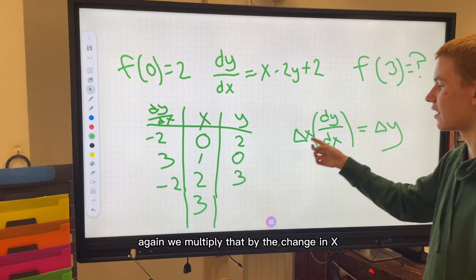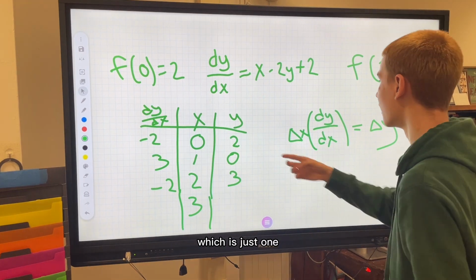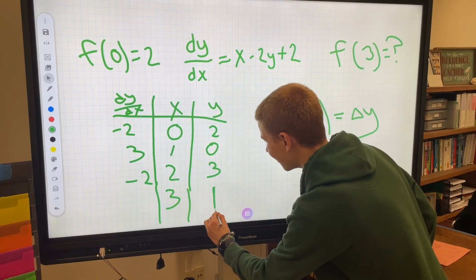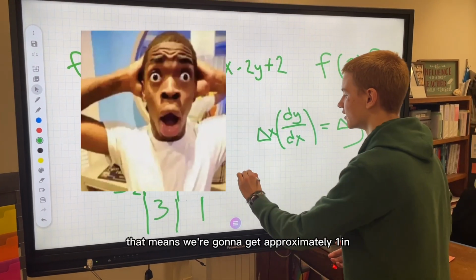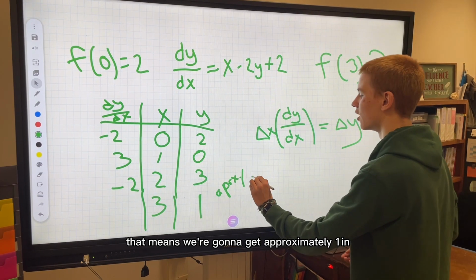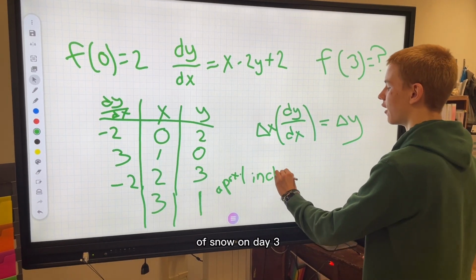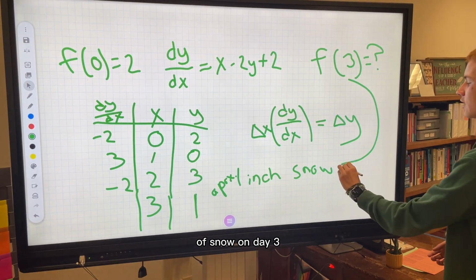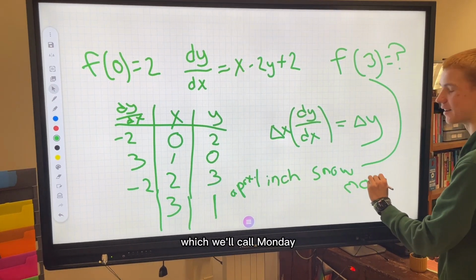Again, we multiply that by the change in x, which is just 1, and then we change the y value. Now, 1 is your answer. That means we're going to get approximately 1 inch of snow on day 3, which we'll call Monday.